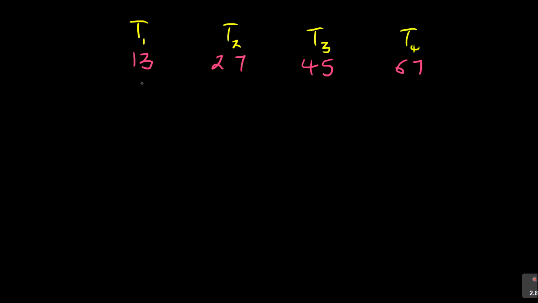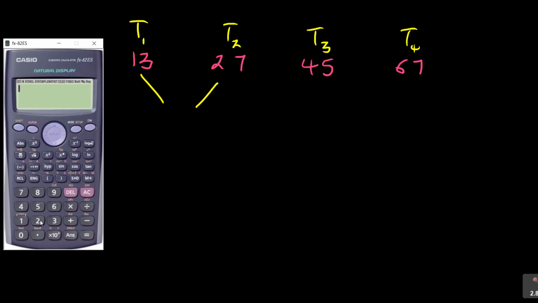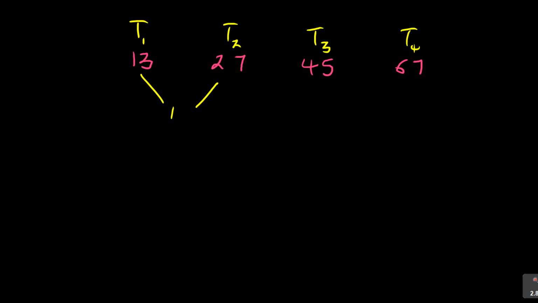So what do I have? I have to subtract T2 minus T1. So that's what I'm doing. T2 is 27, 27 minus 13. I'm getting 14. So here, it will be 14.